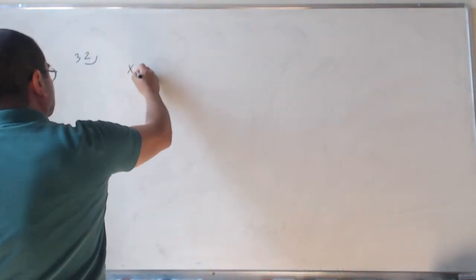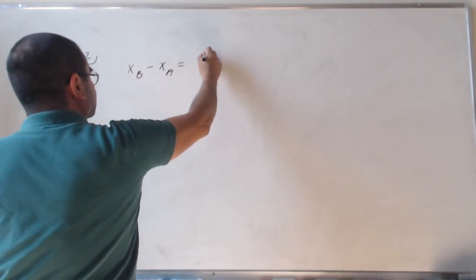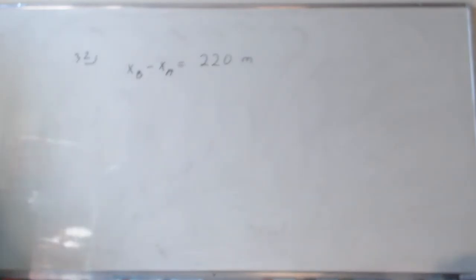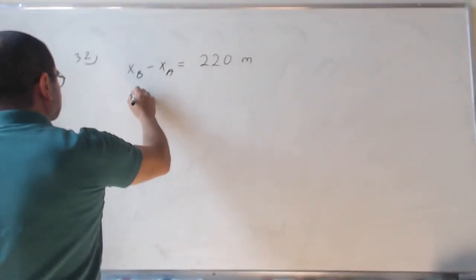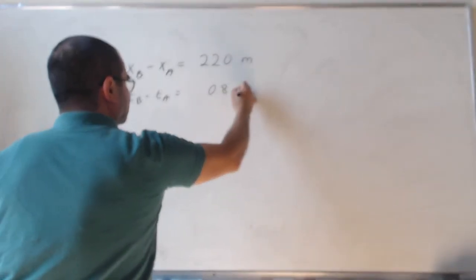We have an observer that notes two events are separated in space by 220 meters. So xb minus xa, let's call these events A and B, is 220 meters, and they're also separated in time by 0.80 microseconds. So tb minus ta is 0.8 microseconds.